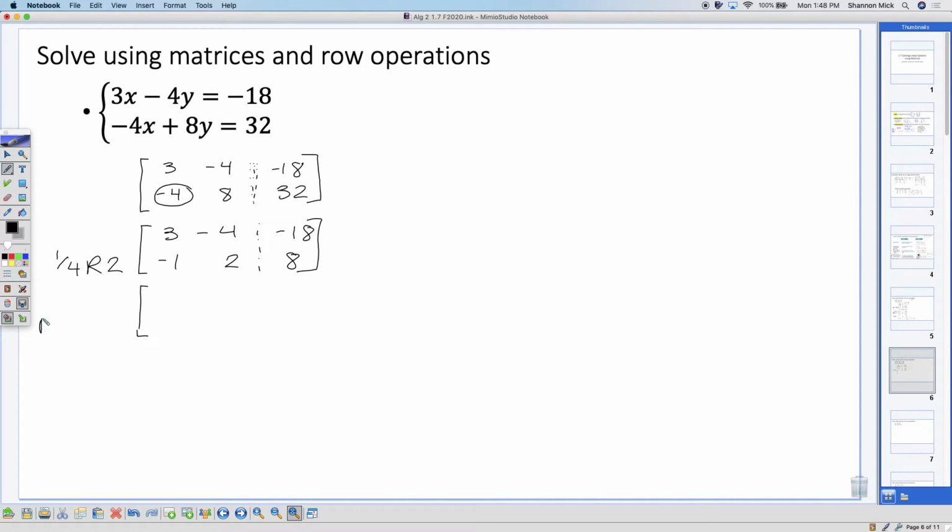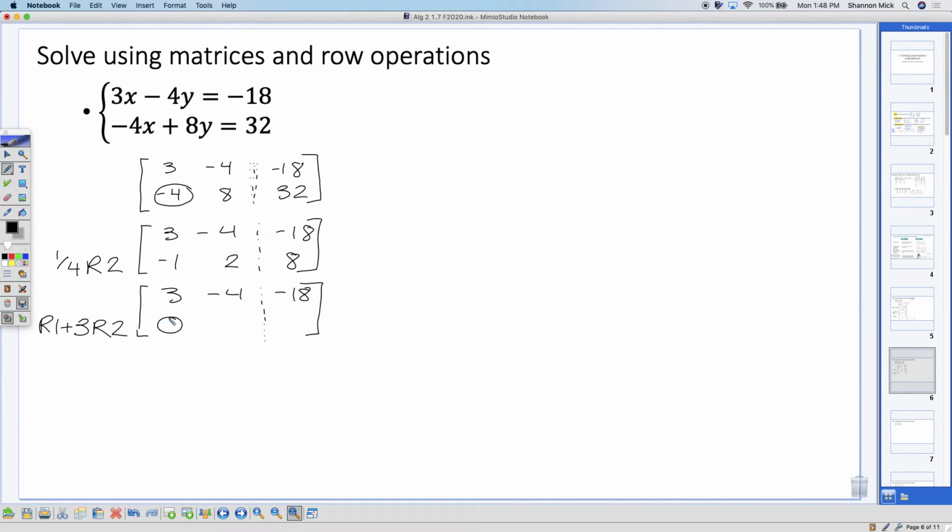Okay, so we're going to do R1 plus 3R2. So R1's going to stay. Okay, so 3 times negative 1 is negative 3. Negative 3 and 3 is 0.